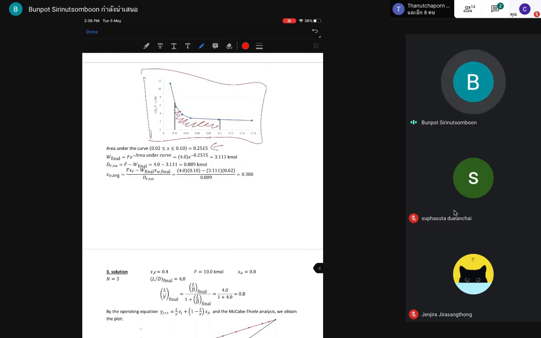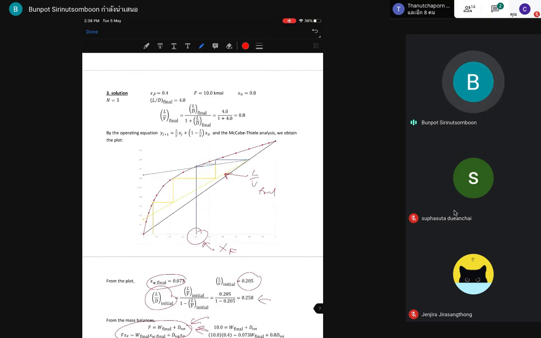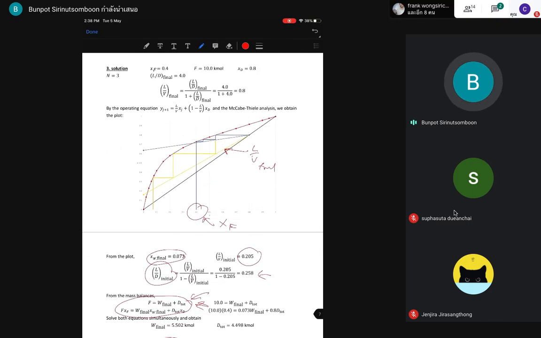And then the last question, this one is the variable reflux ratio. I got two overlapping lines here. The blue line is for the initial stage, and you get xw to be xf.